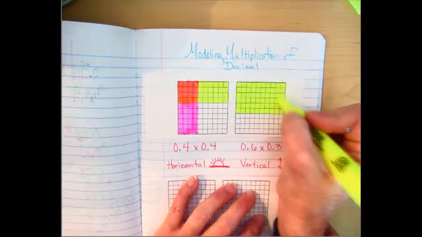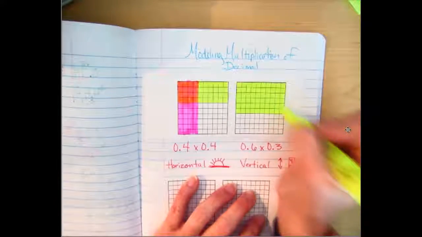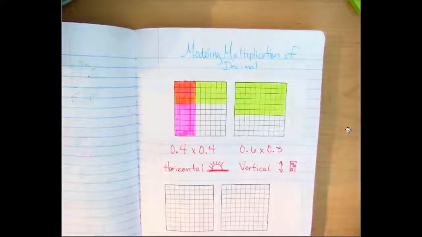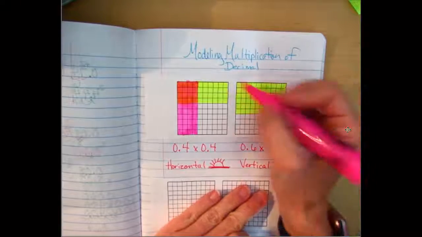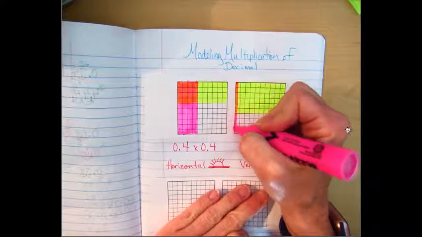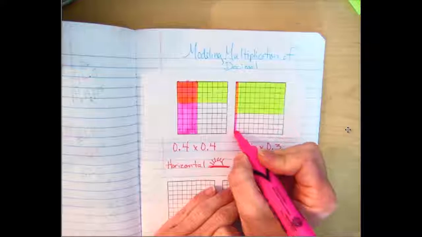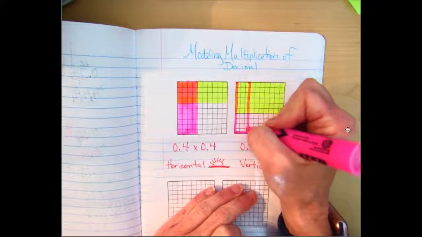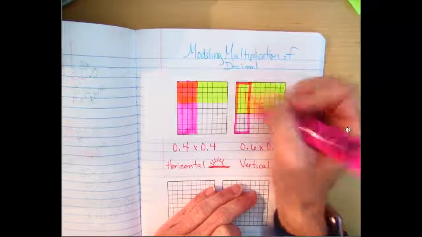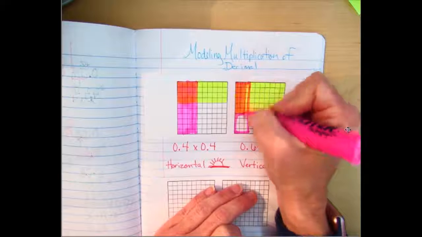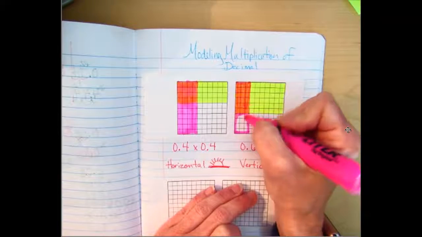So I've got 60 boxes shaded. And now I'm going to do my overlap of 3/10 vertically. And when I do that, I'm going to have a little corner of orange boxes appear.